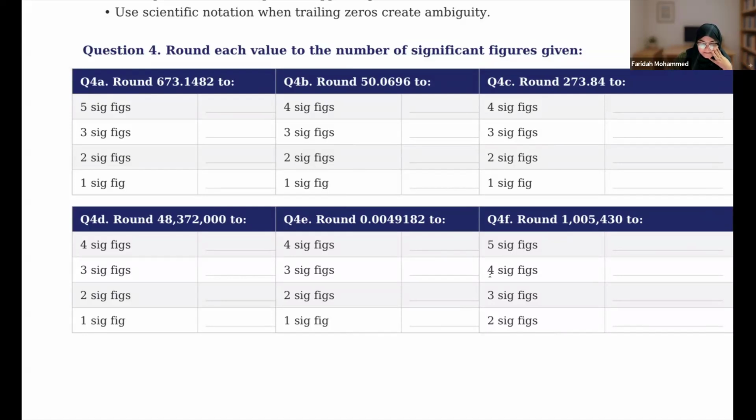Okay, good job, Hannah. Keep going. Just make sure to put like 5, 6, because there are multiple questions, right? 5, 6 sig figs, this is the number, like that. Good job, Hannah.